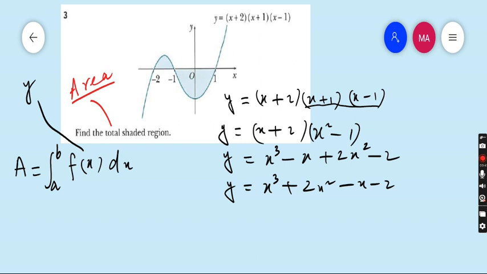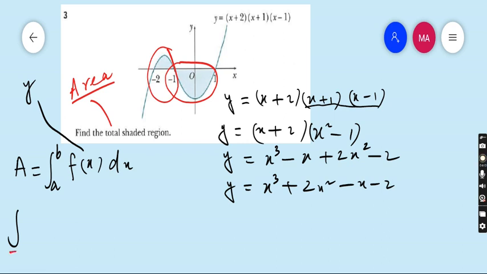Therefore we have to apply the limits. Focus: there are two parts of the shaded region. One is from minus 2 to minus 1 and the second is from minus 1 to 1. So we have to evaluate two areas.